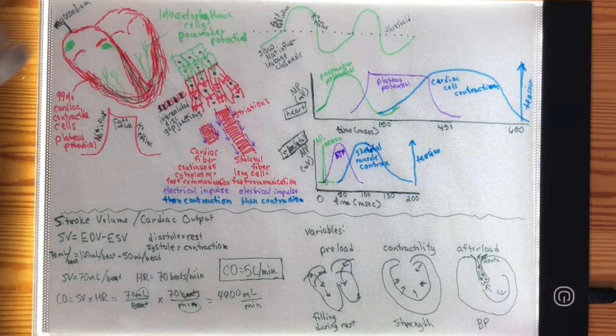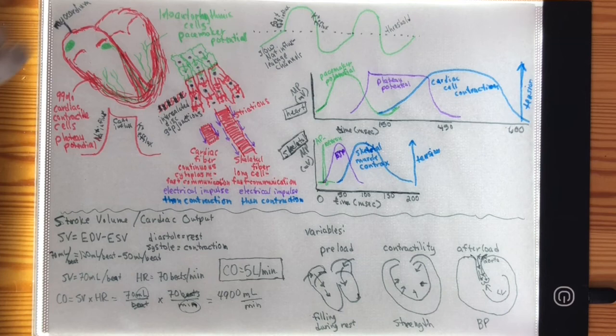So for example, if we had an individual who had really good contractility, let us say that this was a top athlete, really healthy heart, and their contractility was excellent. Their myocardium was completely undamaged, and it was very used to pumping lots of blood to the body, and so it was quite healthy. And so in that case, you might indicate that the contractility is so strong that the stroke volume is super, super high.